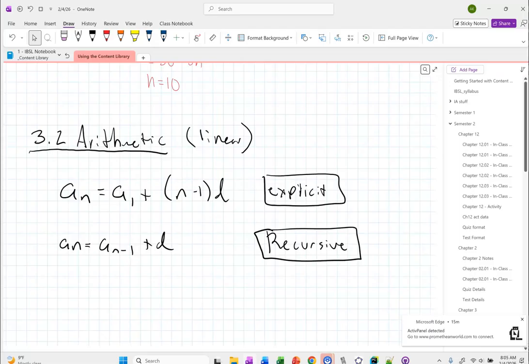Because when I look at this, this explicit formula for an arithmetic sequence is really just the point slope equation for the line, just with some different values filled in.